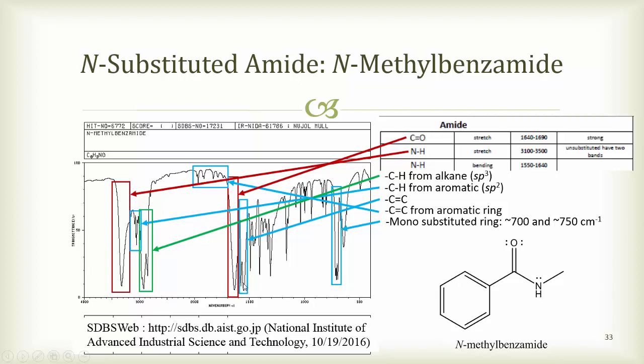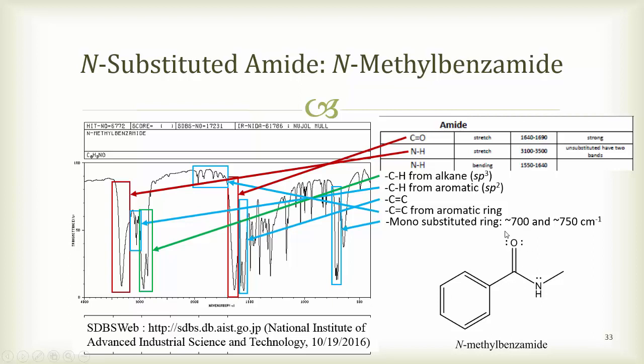This is a little lower than 1600. The amides tend to move things over to the right just a little bit, and we do see the 4 fingers. And in this case, it's monosubstituted. I'm not really able to tell that extremely well from this signal. Again, we would be hoping for 2 peaks at 700 and 750, and that's kind of hard to tell exactly what we're dealing with in this region.